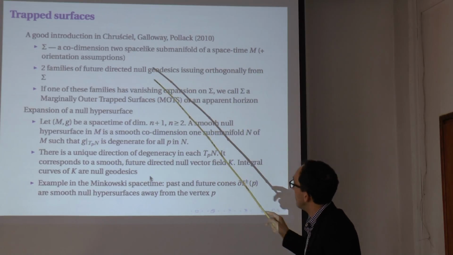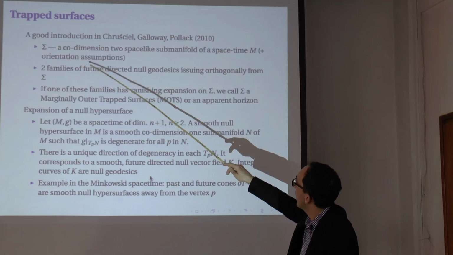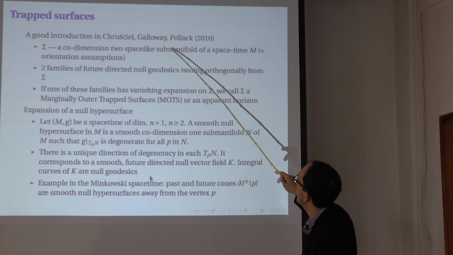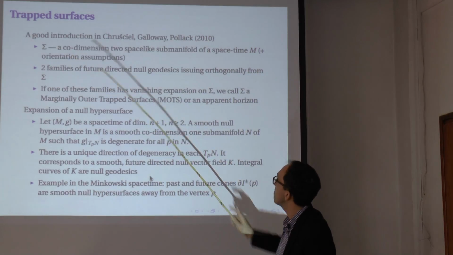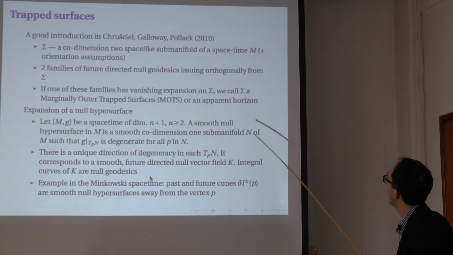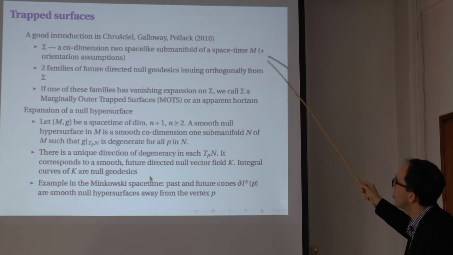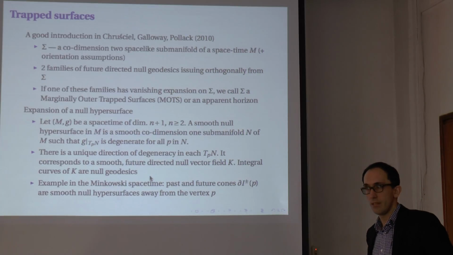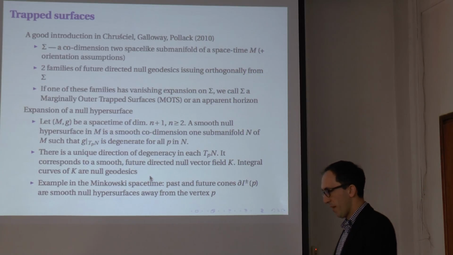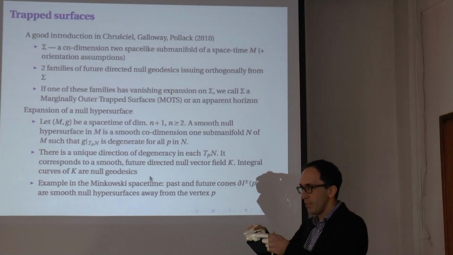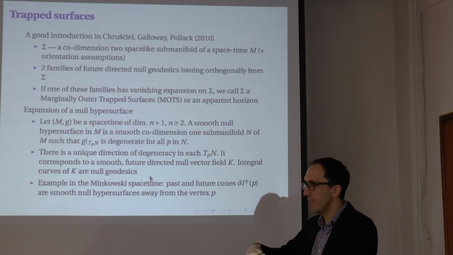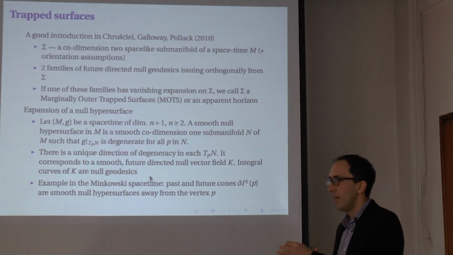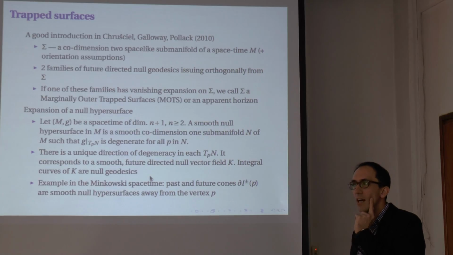So we start with considering a codimension 2 space-like submanifold of a given space-time. Let's call it sigma. Actually, we should add some assumptions on the orientation, so that basically the difference between the dimension of the manifold and the submanifold is two. In 4 dimensions, it's exactly a 2-dimensional surface.